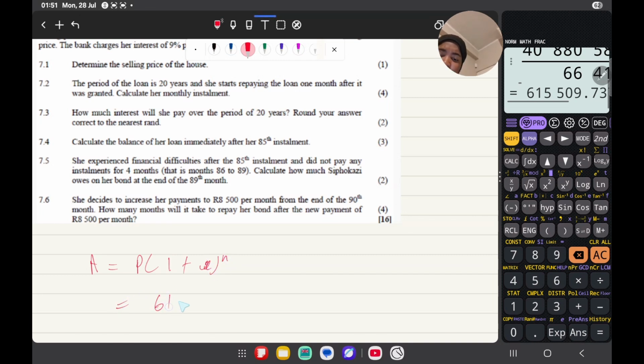So we use the compound growth formula. And the number of periods, the number of months the payment didn't go through, is 4 months. So yeah.